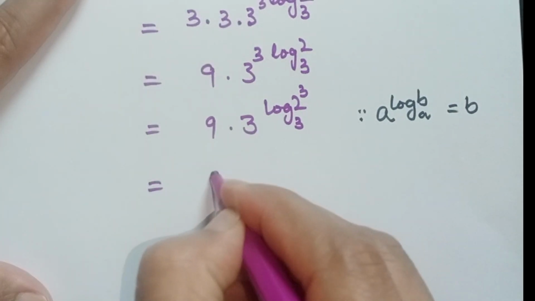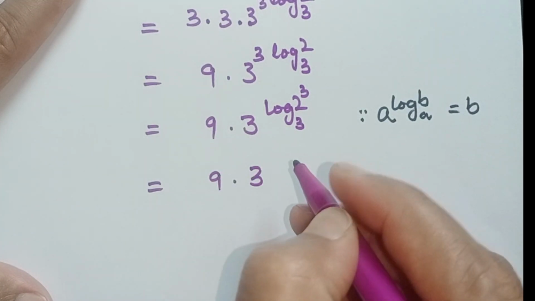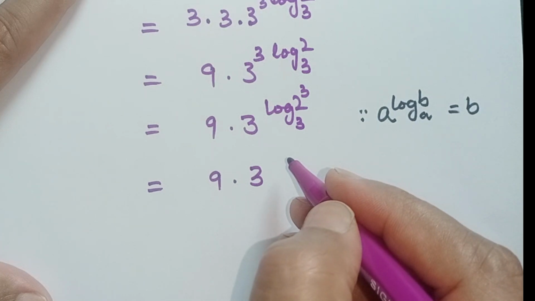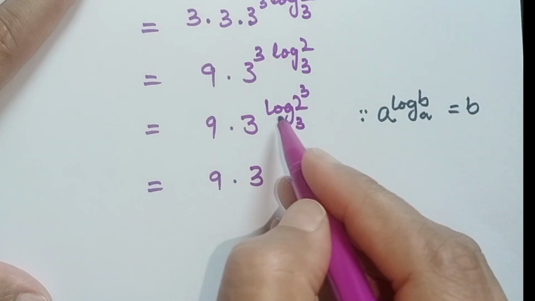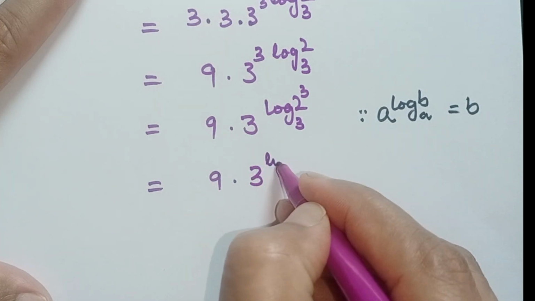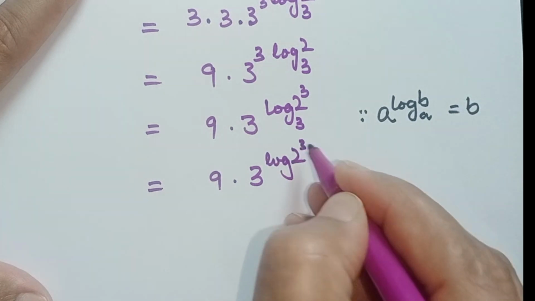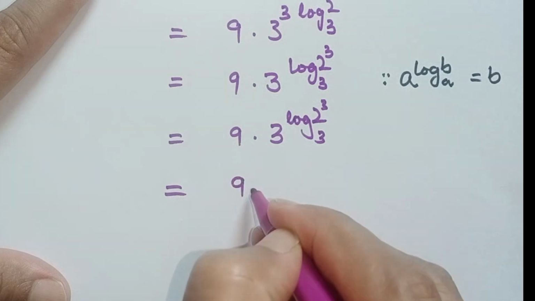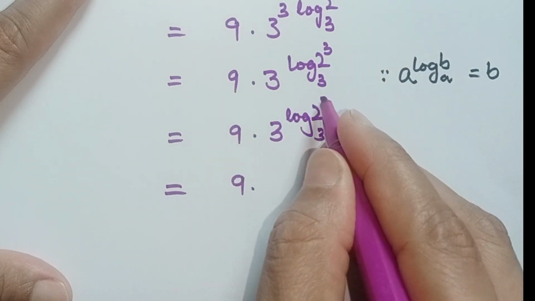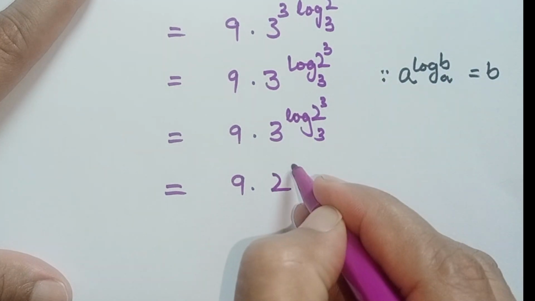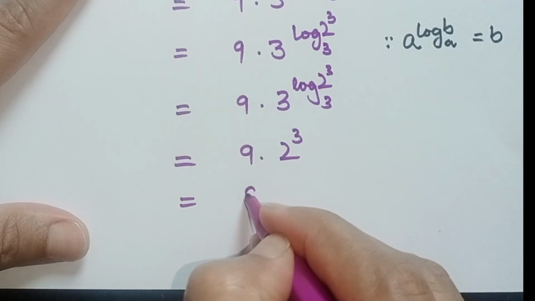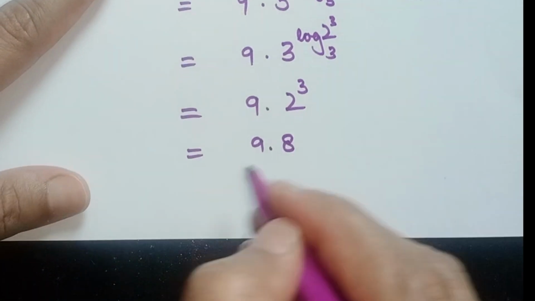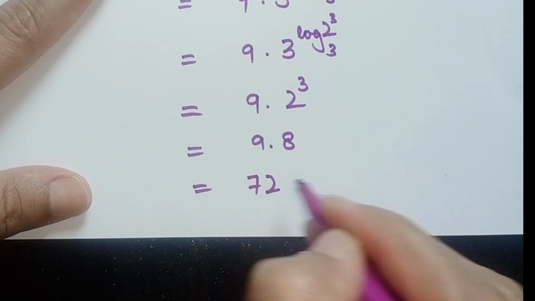So here we have 9 times 3 power log 2 power 3 base 3. So we will use this property here. We can write 2 power 3 here. So here 9 times 2 power 3 is 8, and 9 times 8 is 72, which is equal to the right hand side.